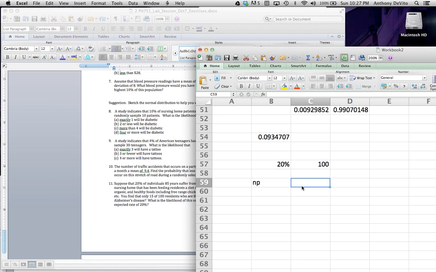I would normally expect to see 20 out of 100 patients with Alzheimer's. In this case, only 15 of them have Alzheimer's. Given that the real situation is 20%, what's the probability that you get 15 or fewer patients with Alzheimer's?